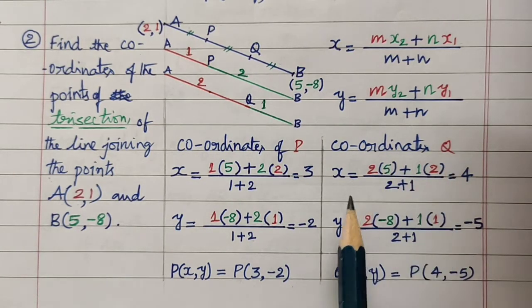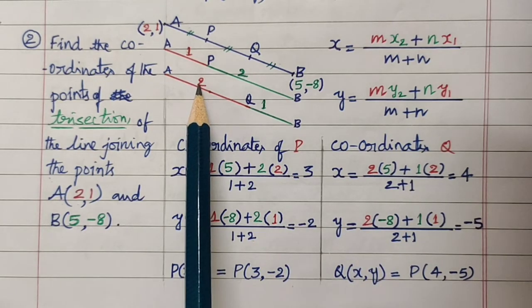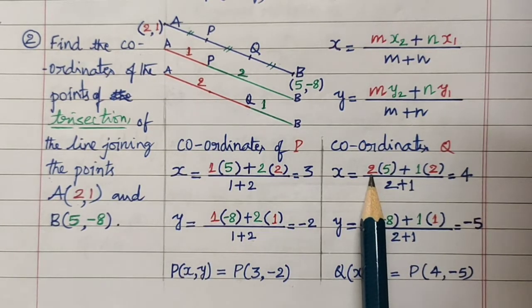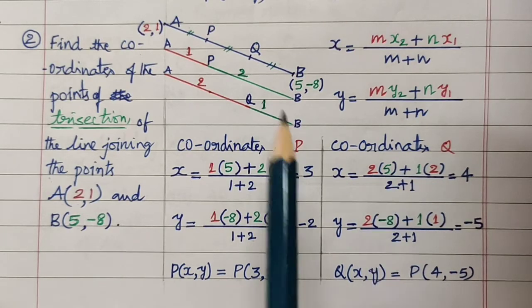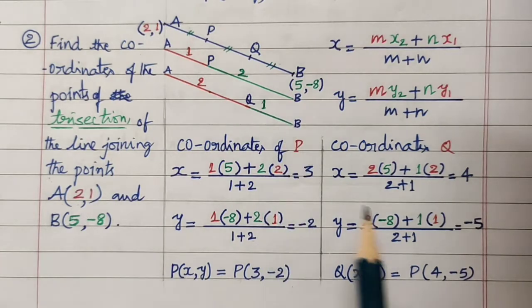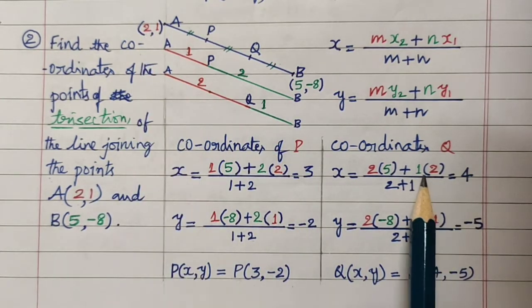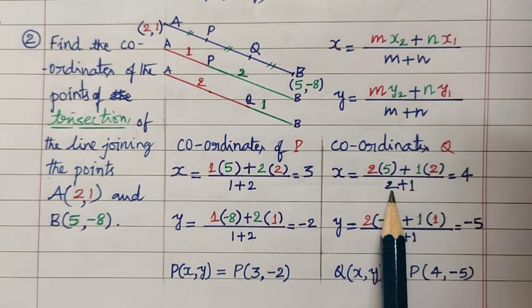The coordinates of Q are given by x is equal to m. Here the m changes. m has become 2. So 2 into x2, which is 5, plus n into x1, divided by m plus n, that is equal to 4.